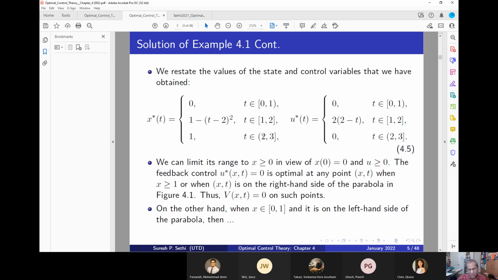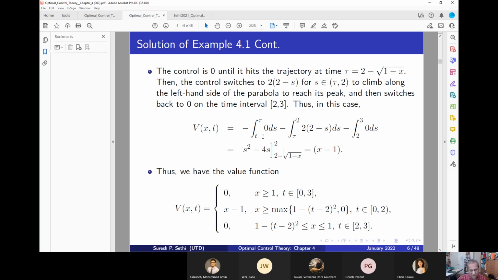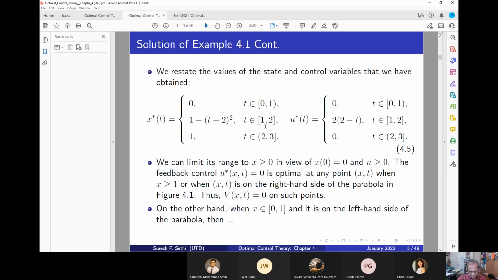Now, the only thing I want to mention to you, and I think this requires maybe one change. It's not a mistake, but maybe I can improve the exposition a little bit. I will show you what I mean by that.